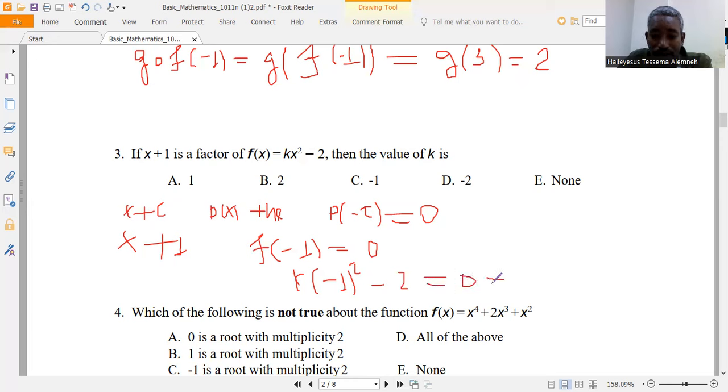This implies that minus 1 to the power of 2 is 1, so k minus 2 is equal to 0.